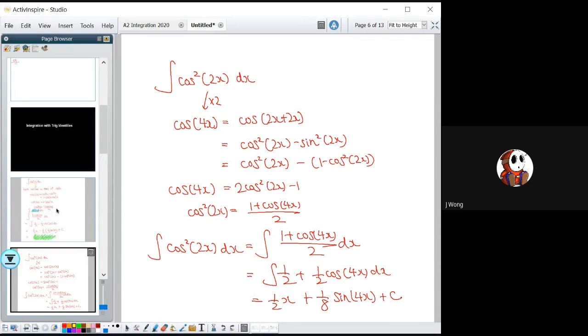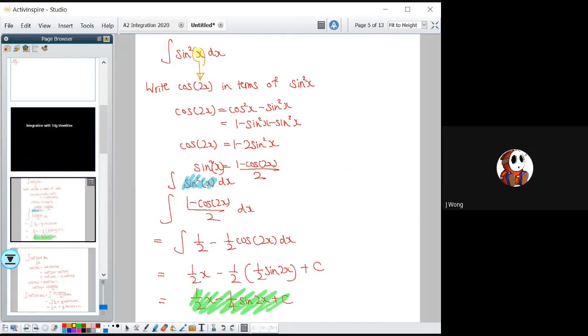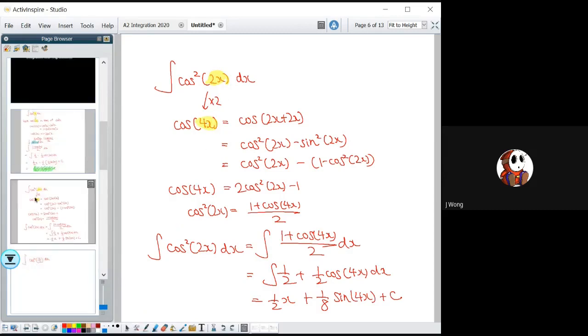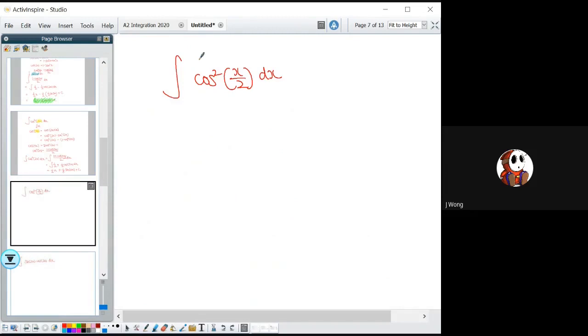So in our first example, when it is x, I'm going to consider the cos double angle formula, but the argument that I'm going to use is 2x. Whereas if it's cos squared 2x, we're going to still use the same double angle formula, but the argument should be 4x.